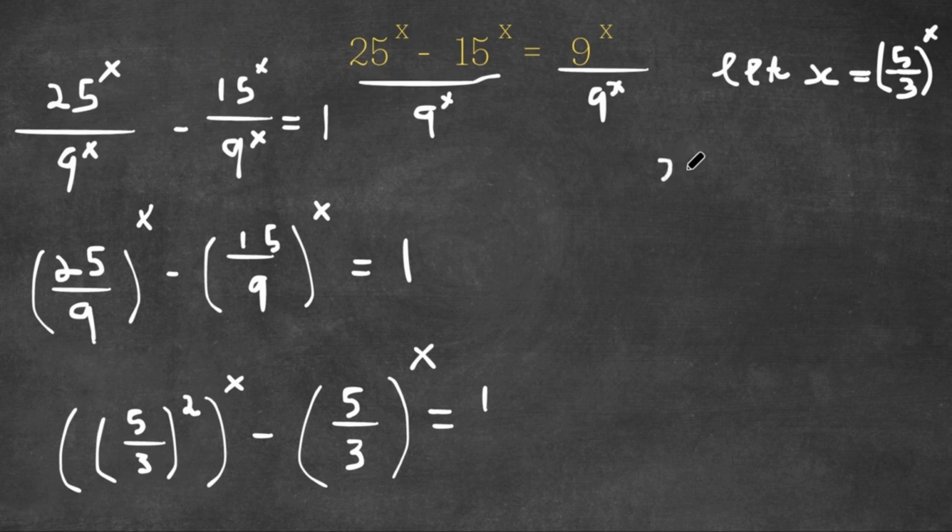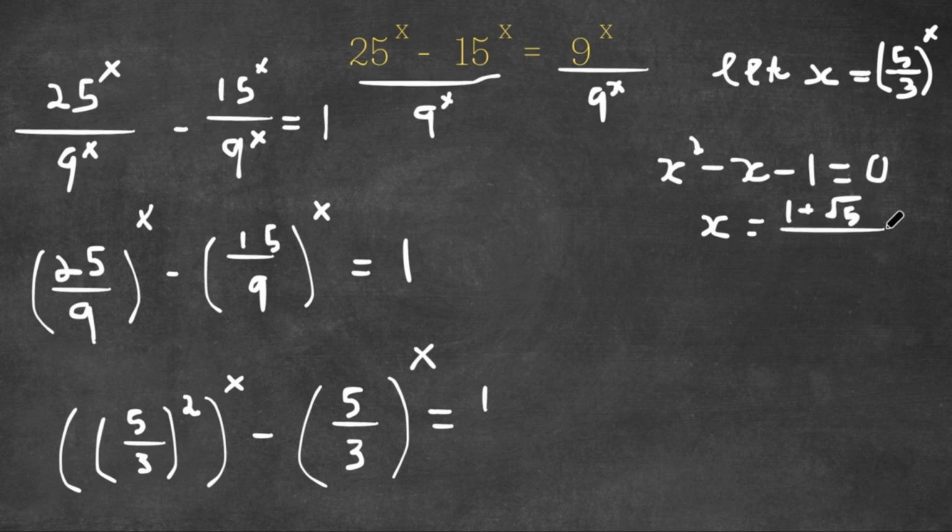I get x squared minus x minus 1 is equal to 0. This means that x is equal to 1 plus the square root of 5 over 2.